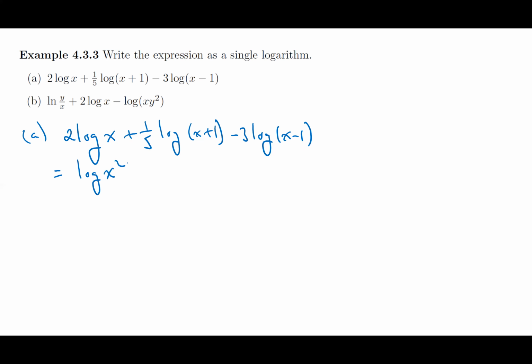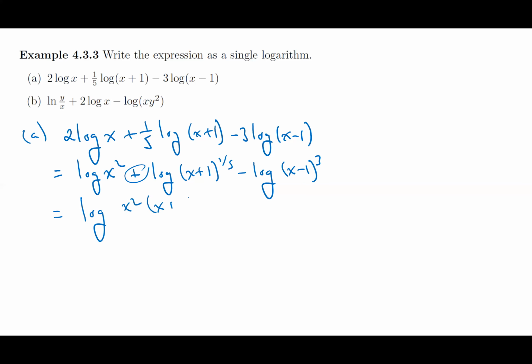So I've got log x squared, and then this 1/5 becomes an exponent, and this 3 also becomes an exponent. And now I've got addition here. So I have a product. And then I'm subtracting, so this becomes a quotient. Okay. There we go.